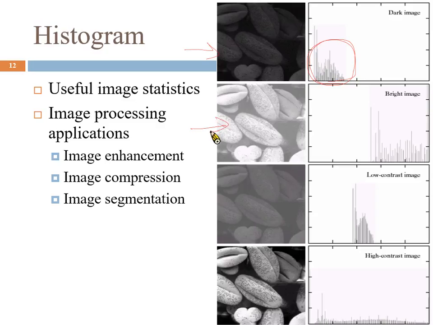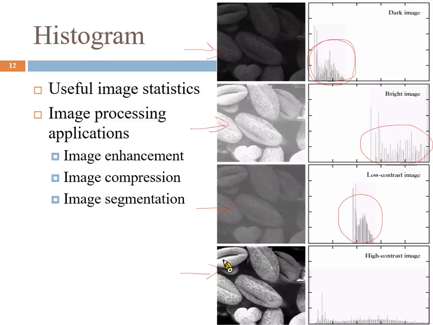For the bright image, almost all pixels concentrate on the right part of the histogram. And for the low contrast image, almost every pixel is gray, so the intensity values will concentrate on the central part.